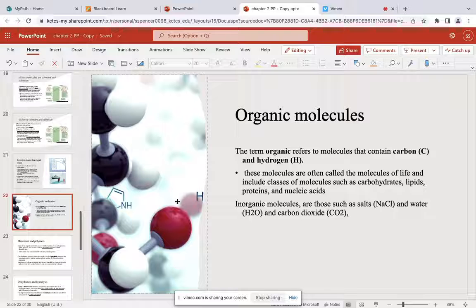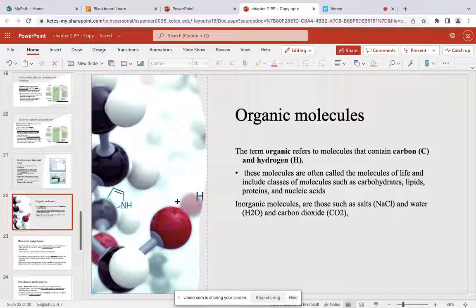So inorganic molecules are anything that contains any other element other than carbon and hydrogen. If I give you a test question and I said, which of the following is an inorganic molecule, and I give you CH4, which is methane, or CH2O, which of those is going to be an example of an inorganic molecule?